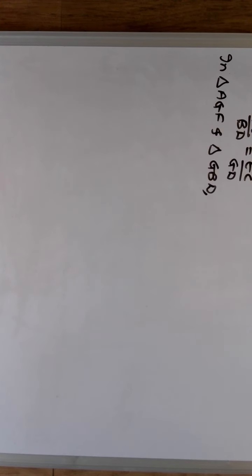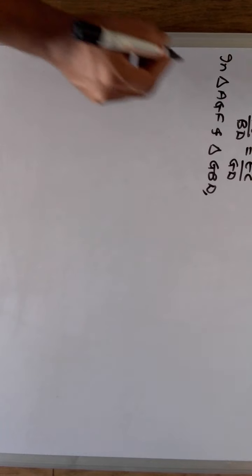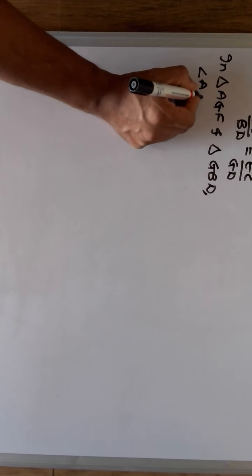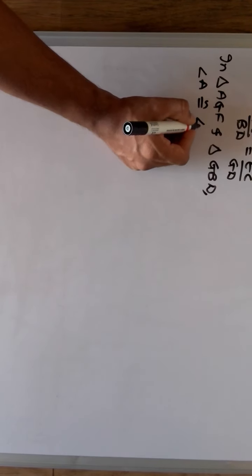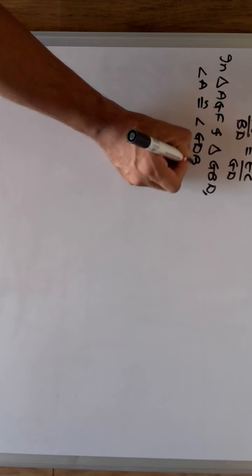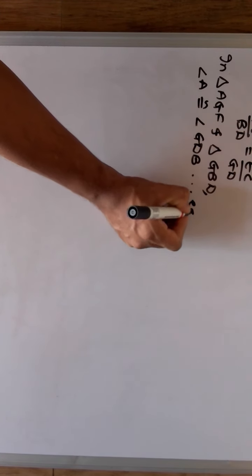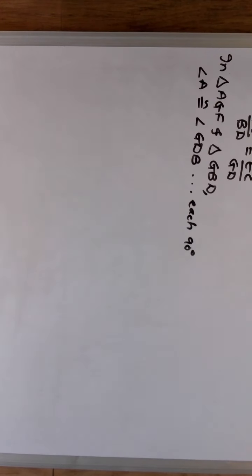Okay. Now in these 2 triangles, you have angle A belonging to the first triangle congruent to angle GDB, each of which is 90 degree. Right?